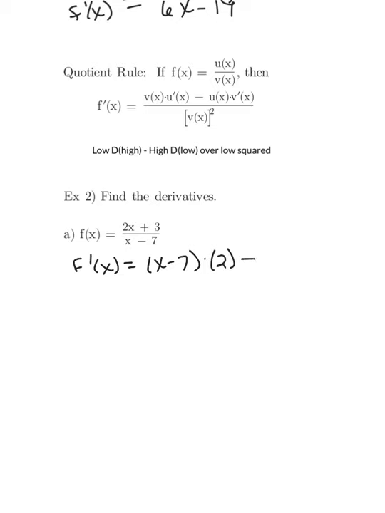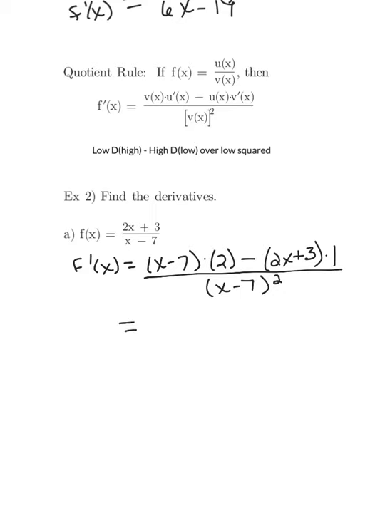Always minus. Now write the numerator exactly as given, that's the high, times the derivative of the denominator, which is going to just be 1. All that goes over the entire denominator, which in this case is x minus 7, squared.